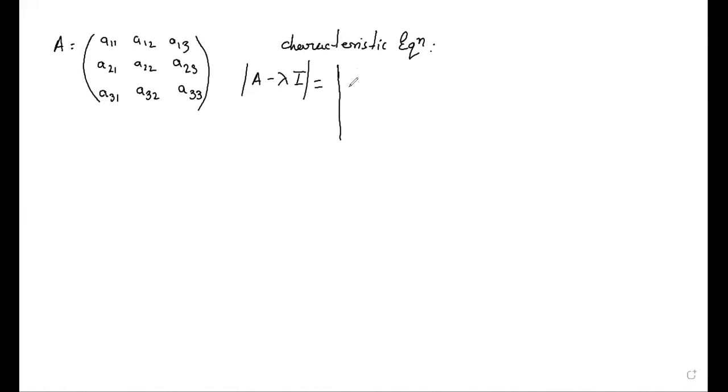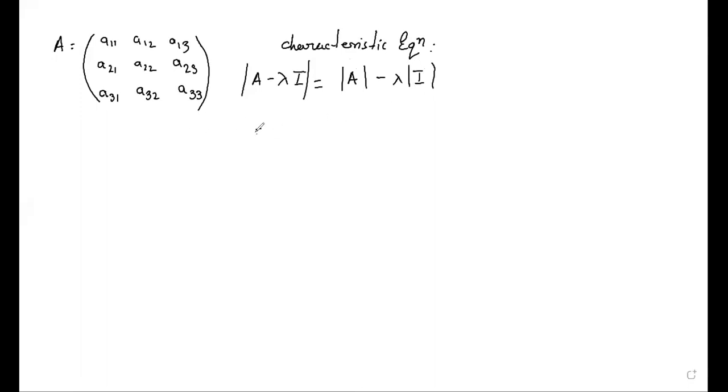Actually, A minus lambda I can write as the determinant of A minus lambda times the determinant of I. All right, so how is it going?